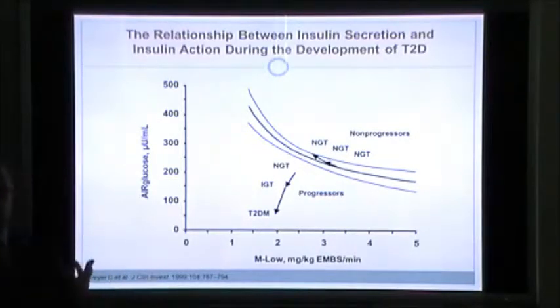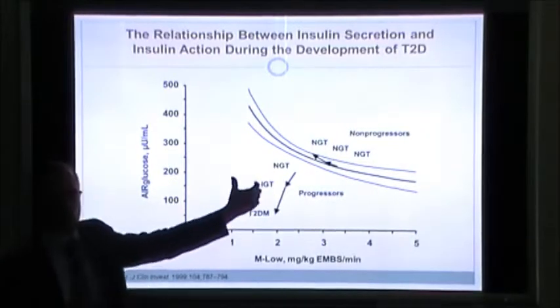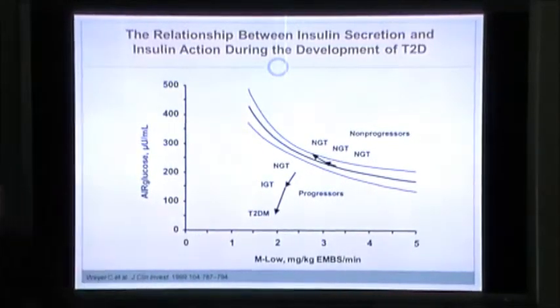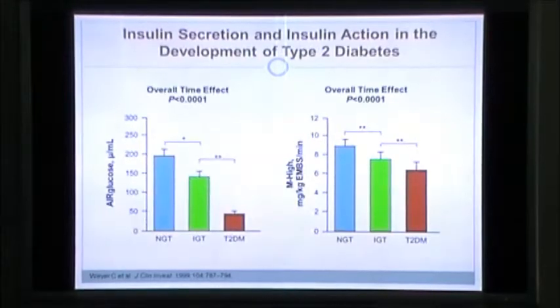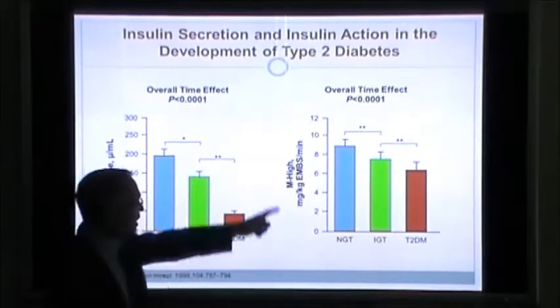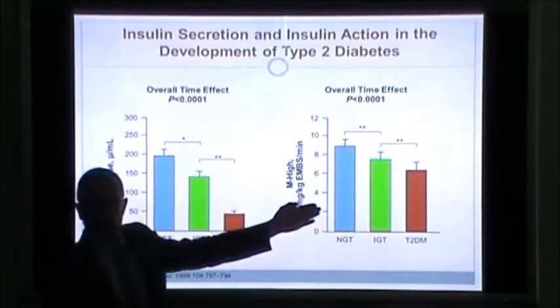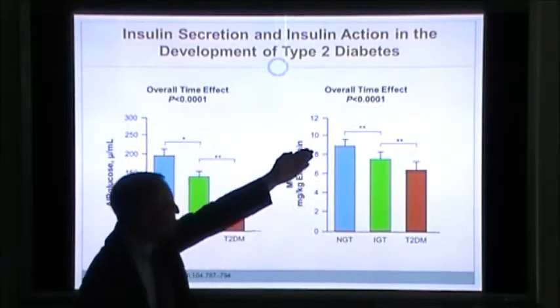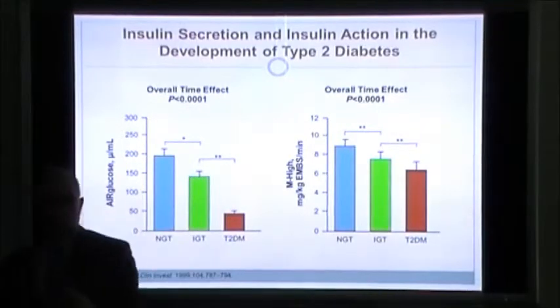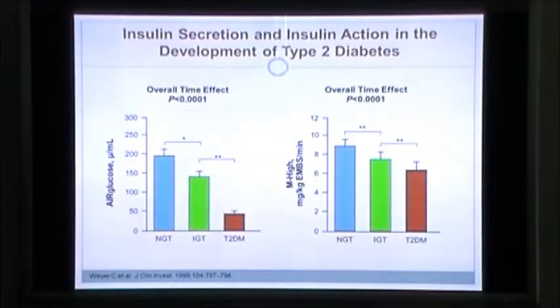We know that the vast majority of people who are insulin resistant never develop diabetes. So in fact, diabetes is a disorder of failure of beta cell compensation. I think that's becoming clearer and clearer. If we look at insulin sensitivity measured by clamp, the M value, as you go from normal glucose tolerance to impaired glucose tolerance to type 2 diabetes, there is indeed worsening of resistance, loss of sensitivity.